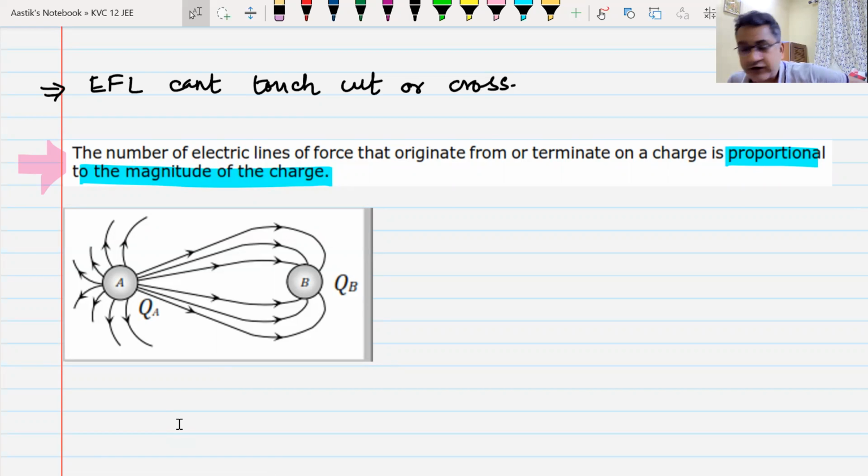A. Why A? Because more electric field lines are coming out of it. Do we understand this? Yes, sir. That is what we need to understand: the number of electric field lines coming out or going into a charge tells us how big or how small the charge is.